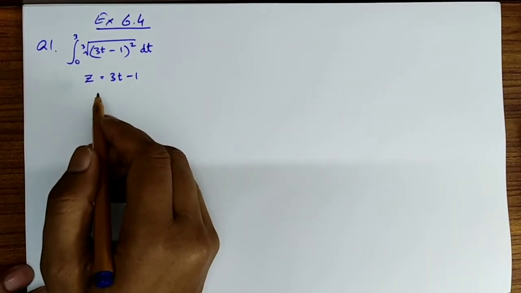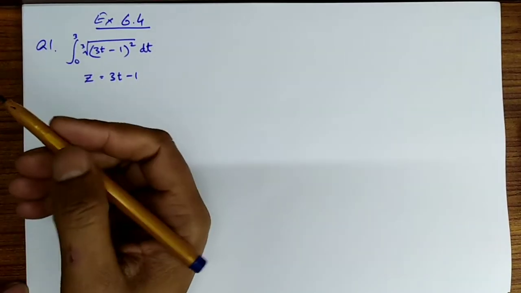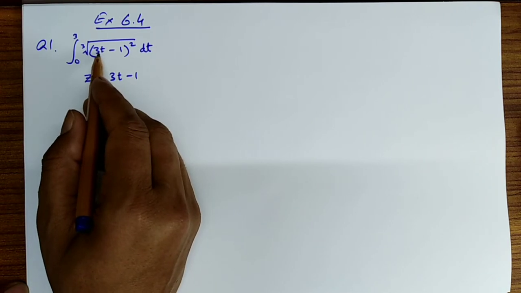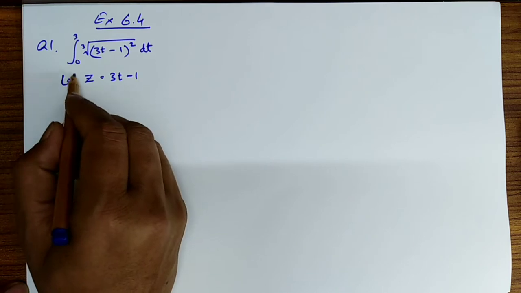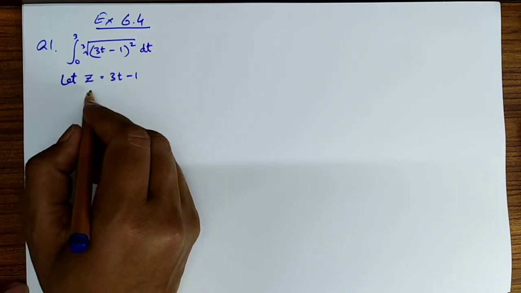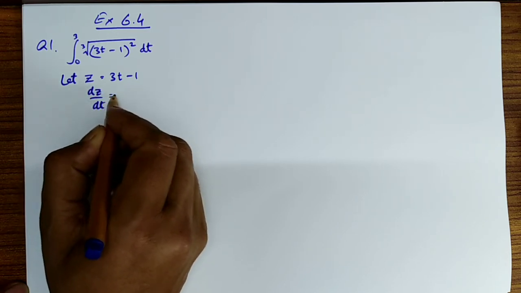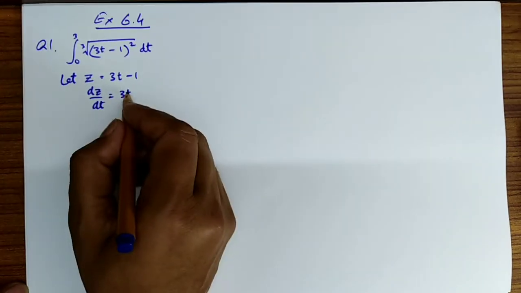Okay guys, I'm going to solve this question by using the same procedure. First, I have supposed 3t minus 1, let z equals 3t minus 1. So taking the derivative of this z with respect to t, that gives me the value 3.